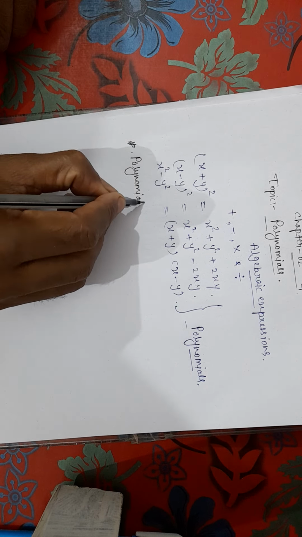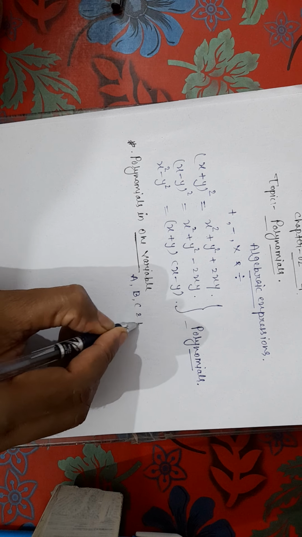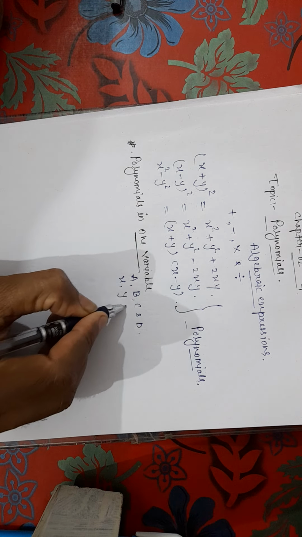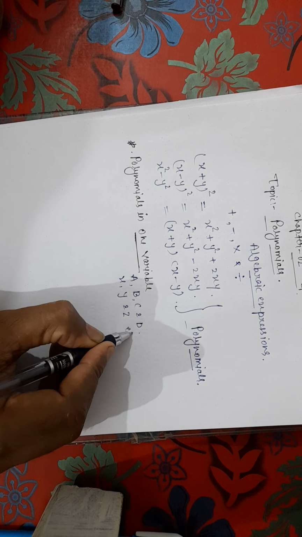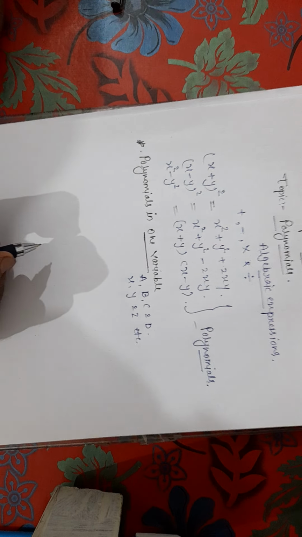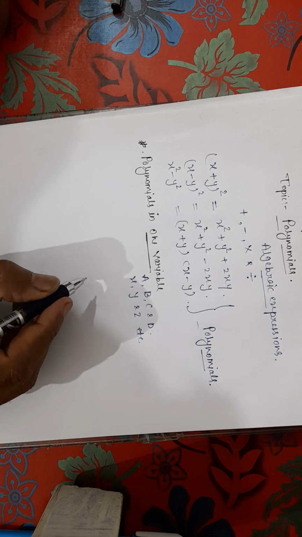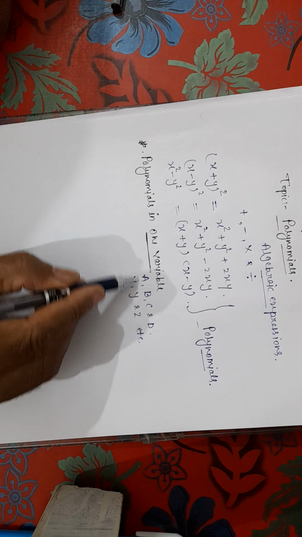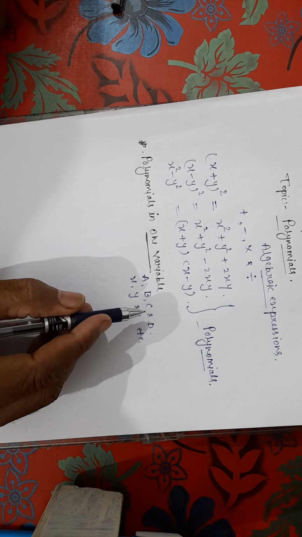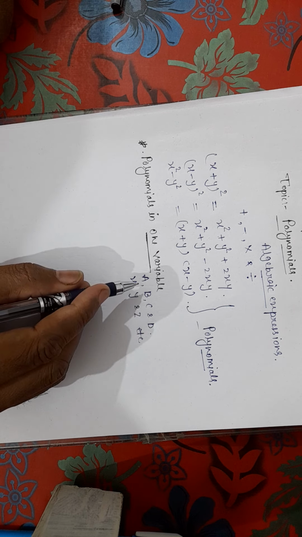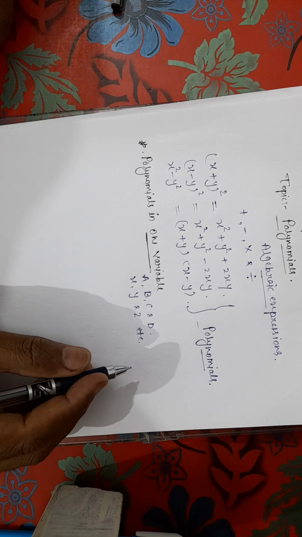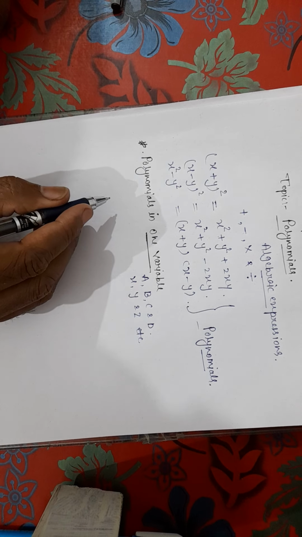For example, we can take a, b, c and d, or from the back we can take x, y and z, etc. So with any one variable you will find one coefficient, and that is known as a polynomial in one variable.